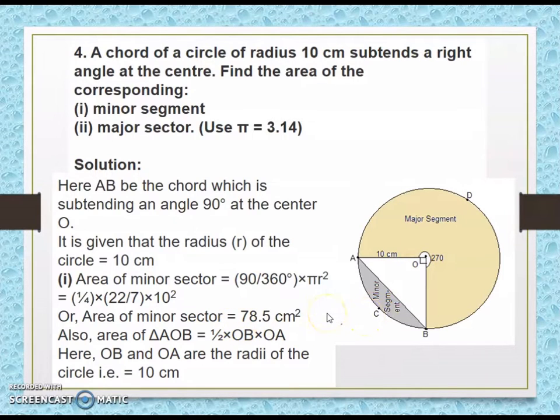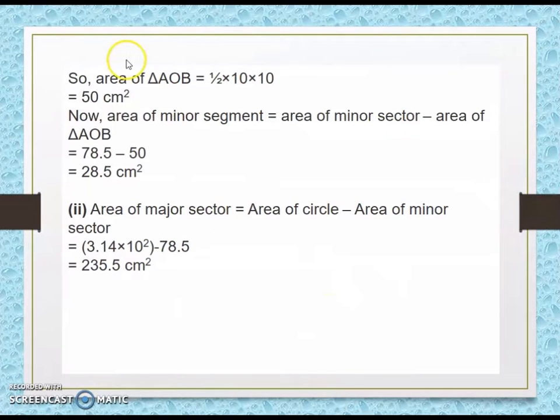So area of the triangle will be half into 10 into 10, that is 50 centimeter square. This is the area of the triangle. So minor segment's area will be area of the minor sector minus area of triangle AOB. That is 78.5 minus 50, which is 28.5 centimeter square. This is the area of the minor segment.